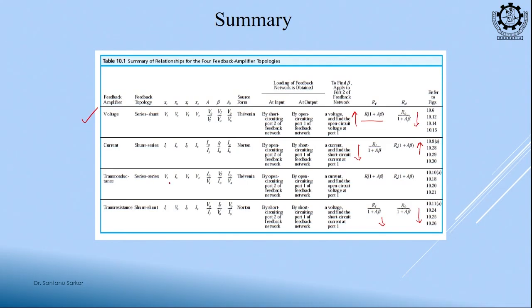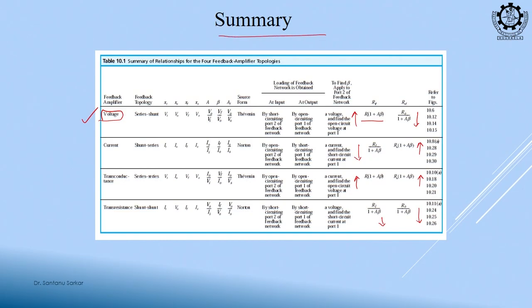This is series, so both are increased. Okay. So, the moment you get confused, you get back to the one you have done in detail and try to analyze. So, this is a summary of all the feedback amplifiers.